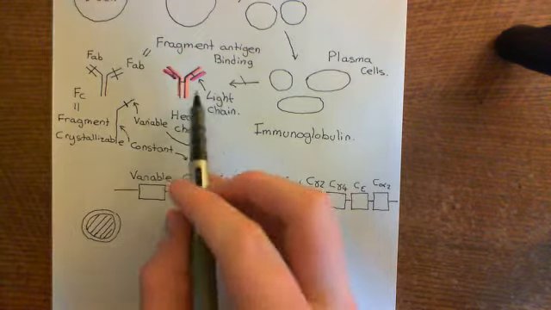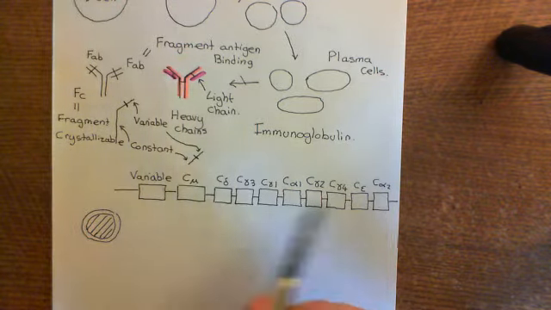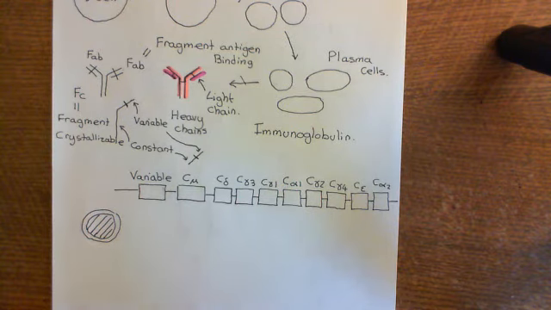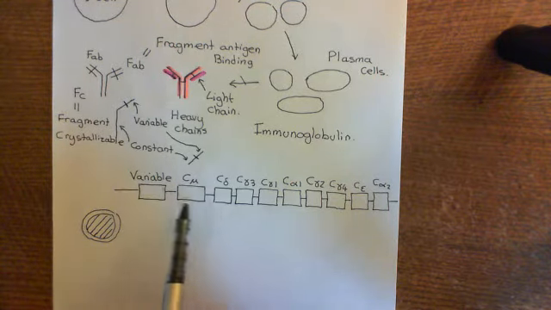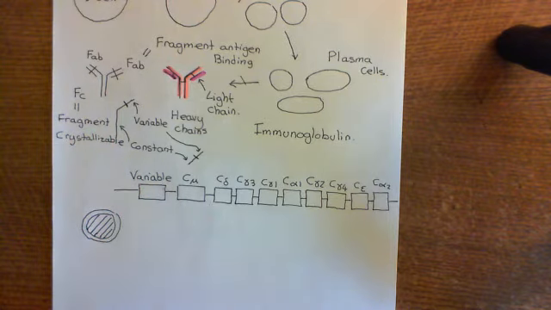Now the light chain is far simpler, it doesn't have all of these different things. So you have one constant portion for the light chain, and that's just that. Whereas the heavy chain has all of these differing ones here.